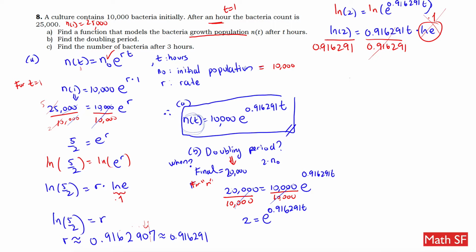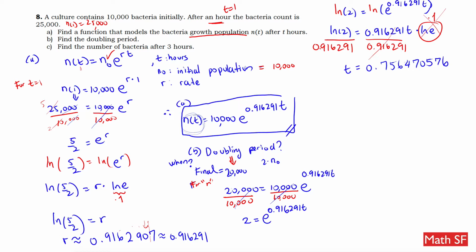Now with the help of my calculator, t equals, let's see what my calculator says. ln of 2 divided by 0.916291. It tells you it's approximately 0.75647056.